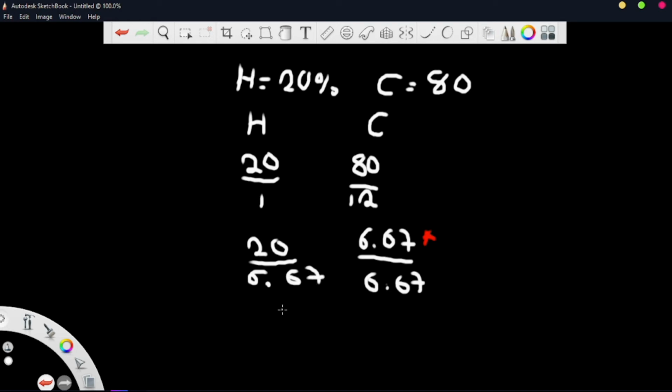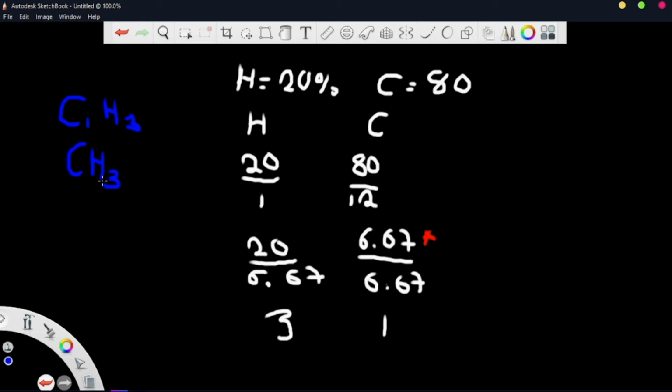When we divide, here we're going to have 3, and here we're going to have 1. So therefore our empirical formula will be C1H3. But I said the 1 is irrelevant, so you can just write CH3.